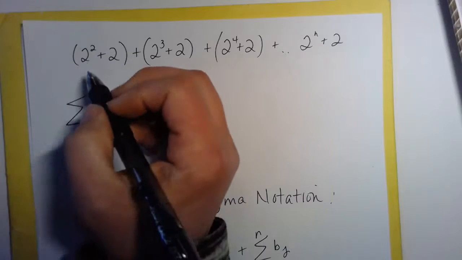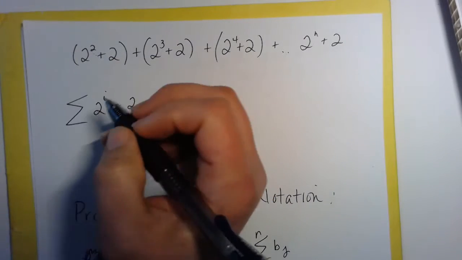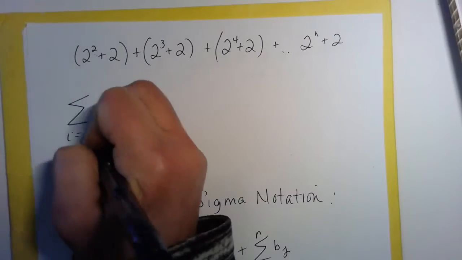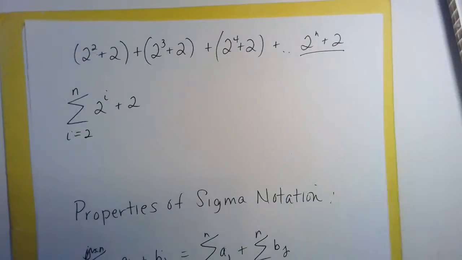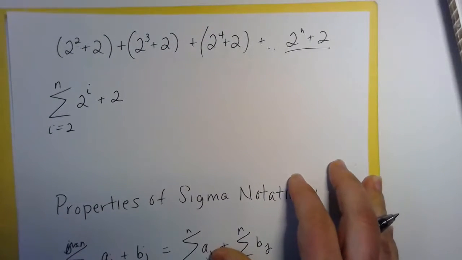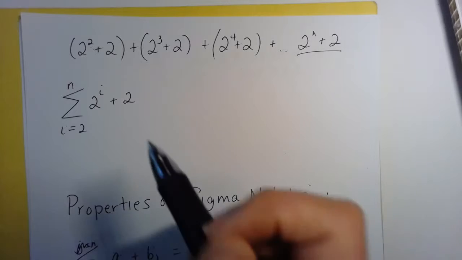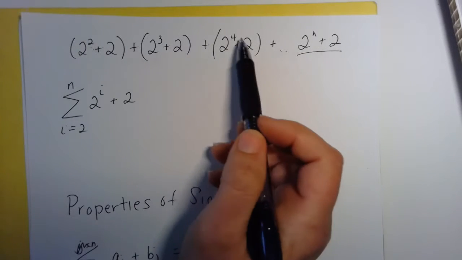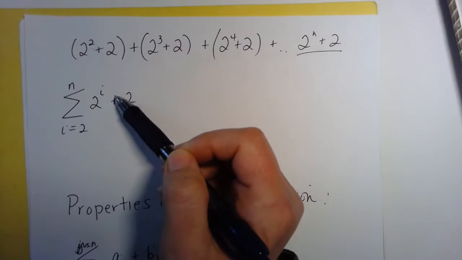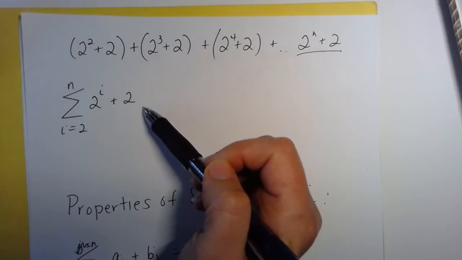My very first one starts with 2, so I can say that i is 2. And then I know my last term out here is n, so I would go to the nth term. The only thing that's changing in all of these is the exponent, so that's where my index goes, whether I use i, j, k, whatever.